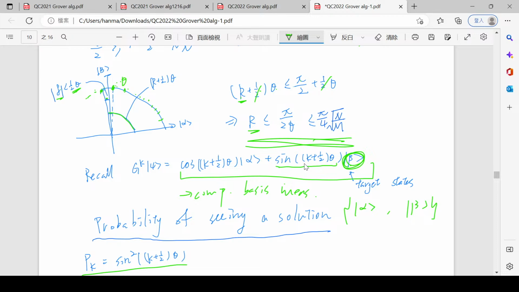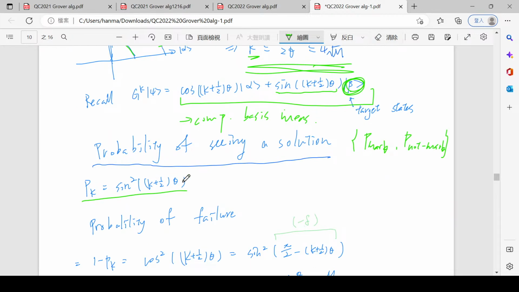Not quite. It's a little more confusing. It's not an alpha and beta measurement. You think about doing a projection onto the marked items and a projection onto the not-marked items. This commutes with the computational basis measurement, so you can do this first, then do the computational basis measurement.